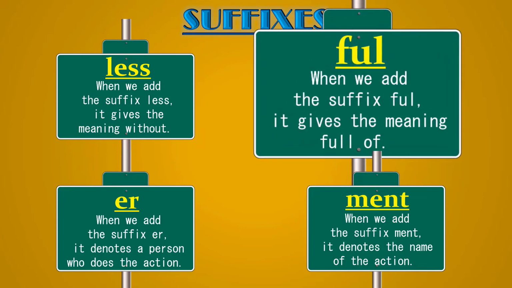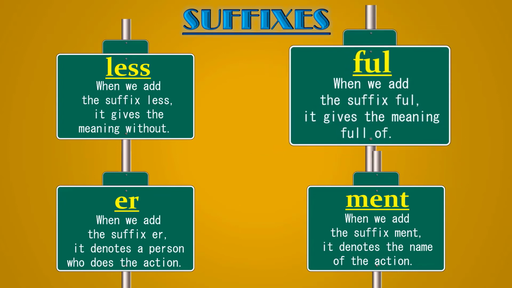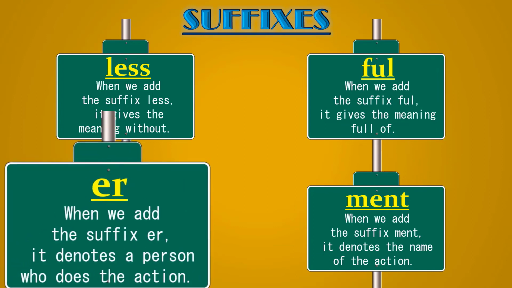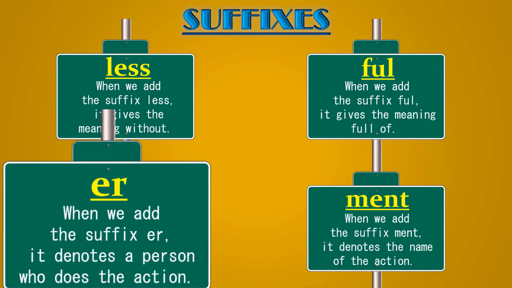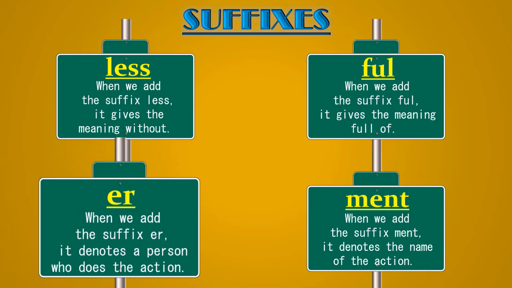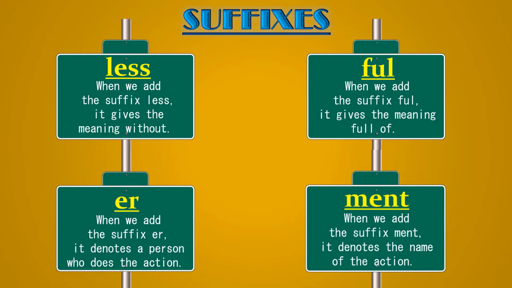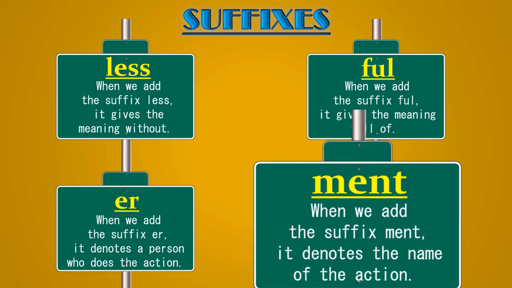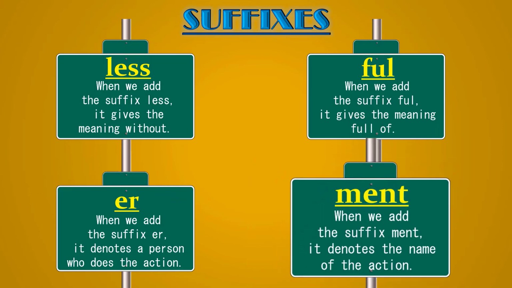When we add the suffix full, it gives the meaning full of. When we add the suffix er, it denotes a person who does the action. Meant. When we add the suffix meant, it denotes the name of the action.